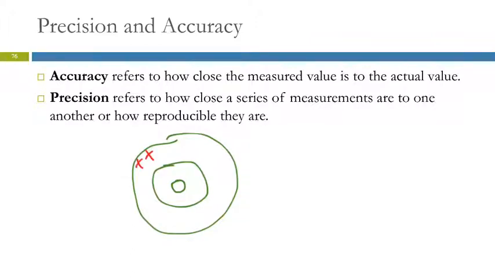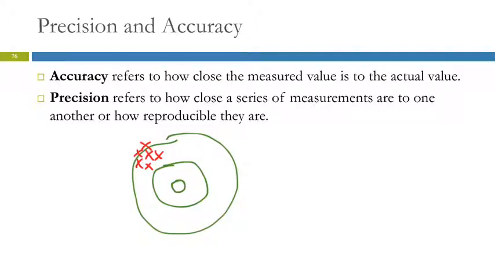So I'm throwing my darts or shooting my arrows, and they're ending up over here. I'm very precise, but I'm off the mark, right? So I am not very accurate. I'm really good at getting my darts close together. I'm consistent in where I'm shooting them, but I can't hit the bullseye. So this is precise but not accurate.